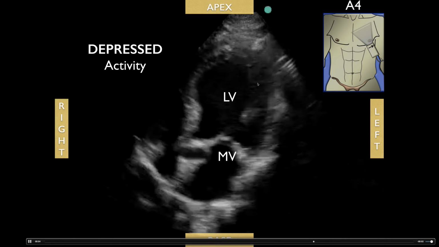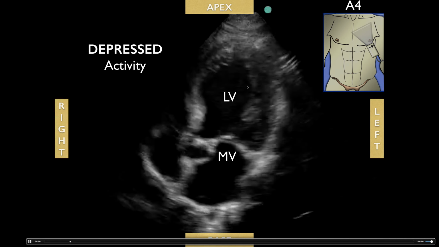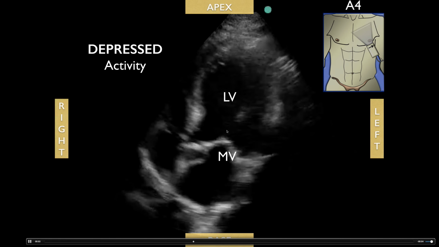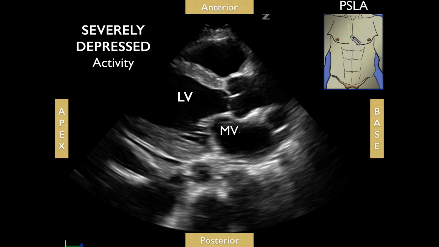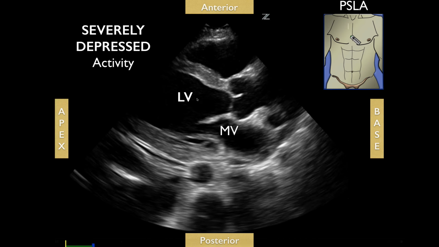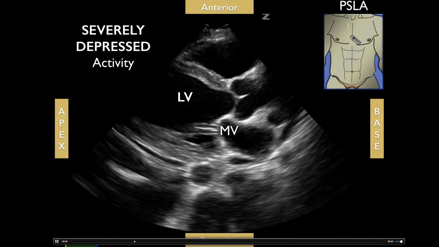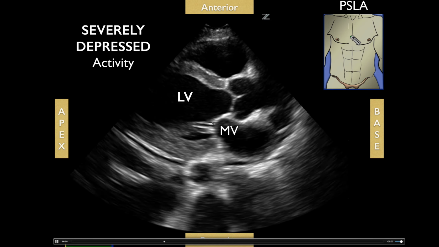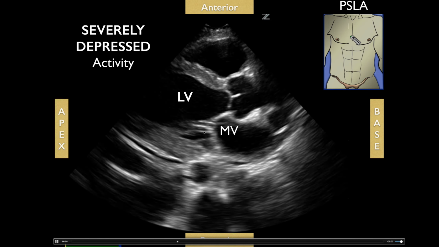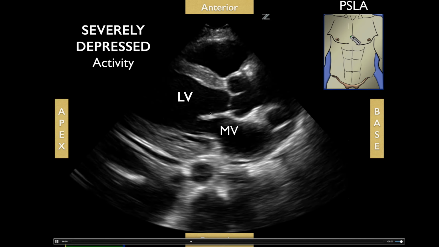And you can see the LV is not really moving in towards each other that well. The walls, as well as the mitral valve, are not really moving that well. This is a patient with severely depressed ejection fraction, where the walls are barely even moving at all. And once again, this mitral valve is not really slapping up against that septum like in a normal patient.